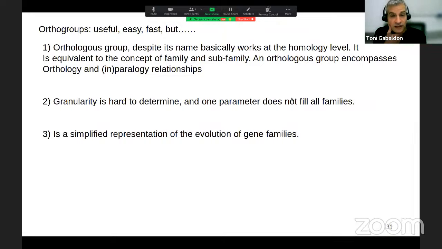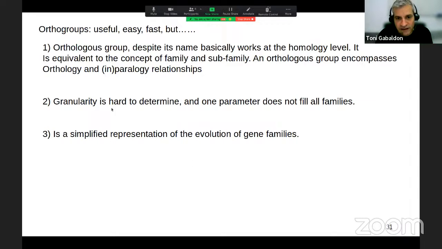So also, orthologous groups are useful, easy to use and fast, but they work at the level of a group. Despite their name, it's important to remember that not all the members within an orthologous group are orthologous to each other, because the orthologous groups include in-paralogs, like all the genes derived from duplications after the common ancestor of this family will be included.